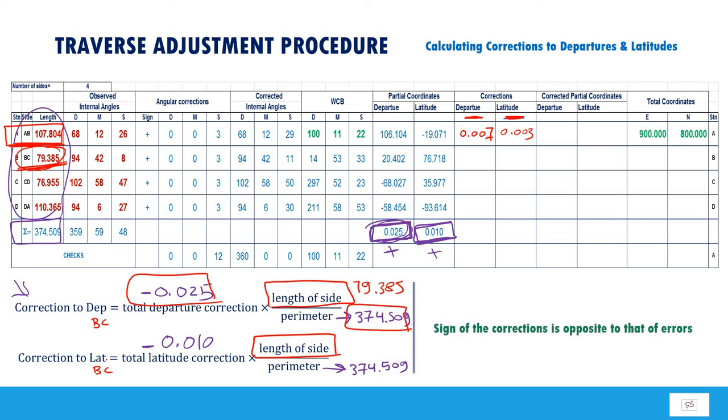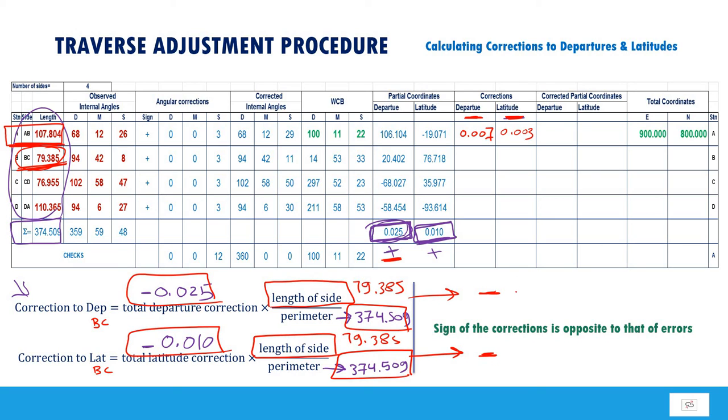So here the correction to latitude, the same value here, and the length of the side would be 79.385, and so on. If you calculate these two numbers, it would be minus here, before I do the calculation, because I know here it is plus, so it would be minus here, the opposite.